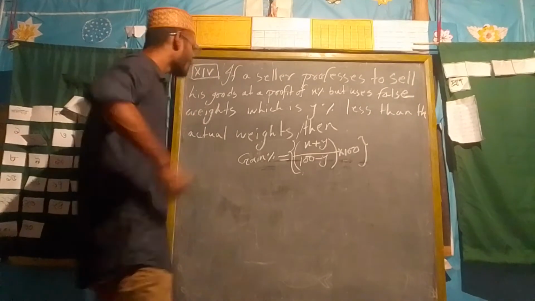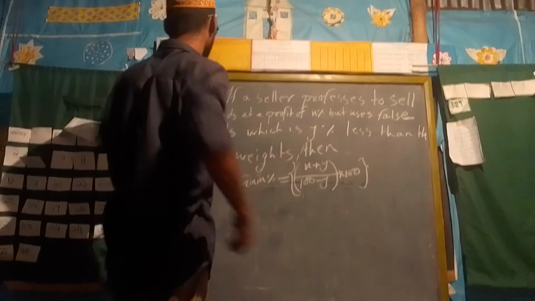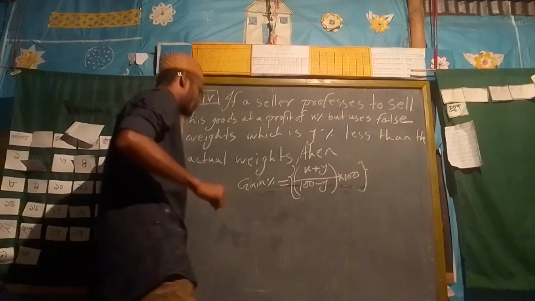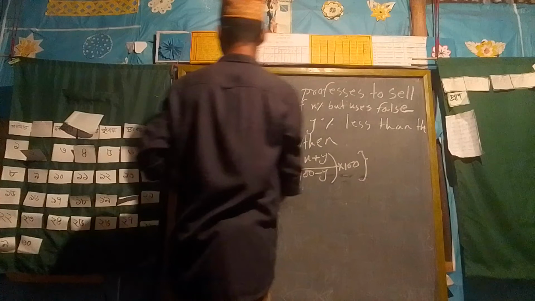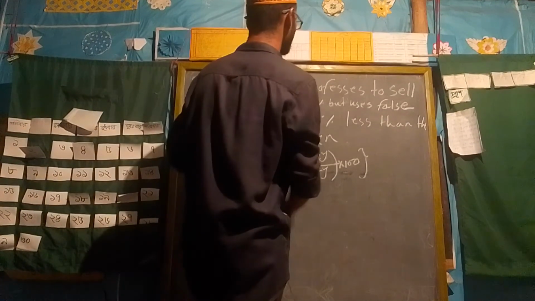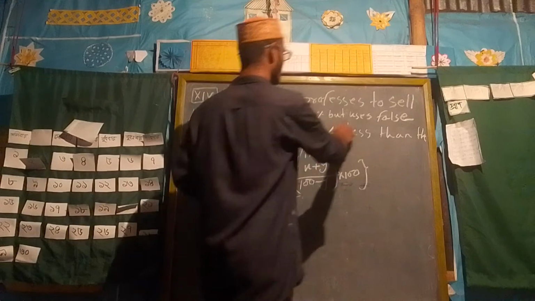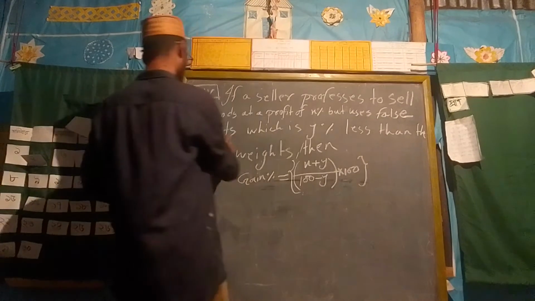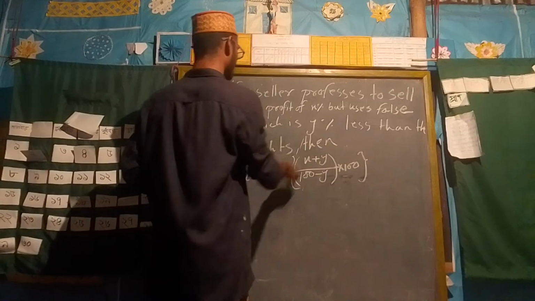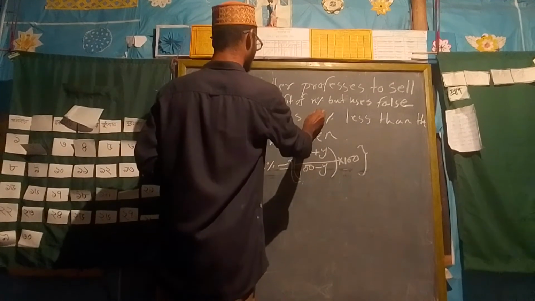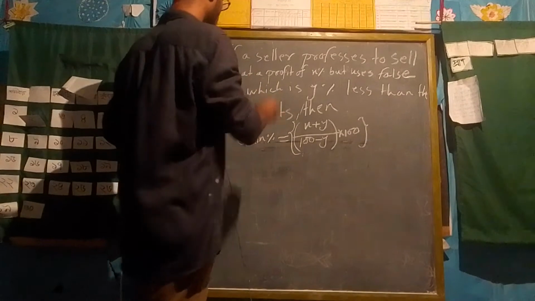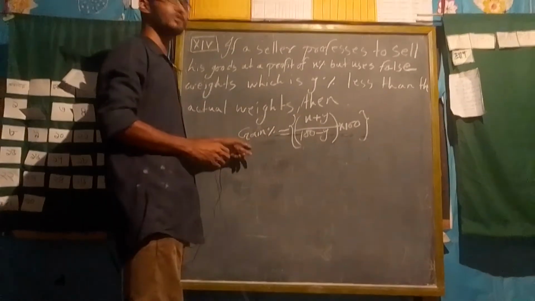Please have a look at our 14th formula. If a seller or a trader professes to sell his goods at a profit of X%, but uses false weights which are Y% less than the actual weight, then what will be our gain percentage?